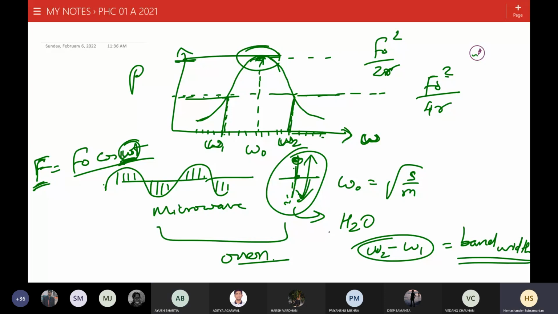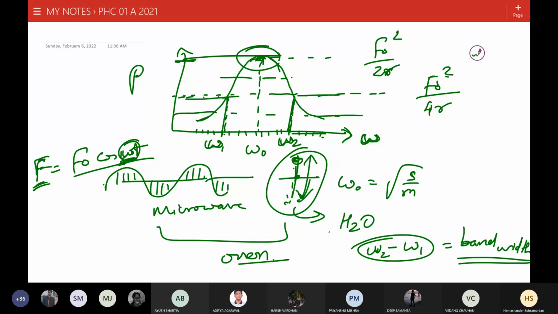Where do you want to measure the width? You can measure the width at 1/4 or 1/8, whatever. 1/2, as you said, is possibly because the integral of cos square over one cycle is half. It could be one of the reasons. Yes, it makes it easy. But this is a measure of the width. That's it. You can define it in whichever way you want, and this is probably the convenient way. So omega 2 minus omega 1 is defined as the bandwidth.